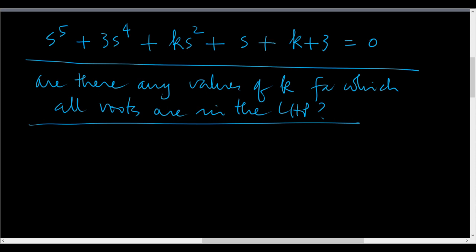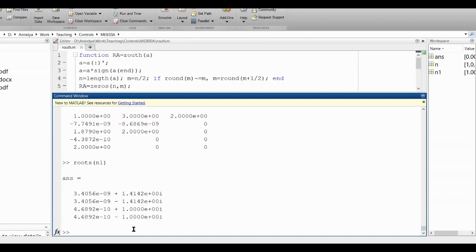1, 3, k, 1 and k plus 3. What we will do is say kk equals linspace, let's say minus 10, 10, 400.